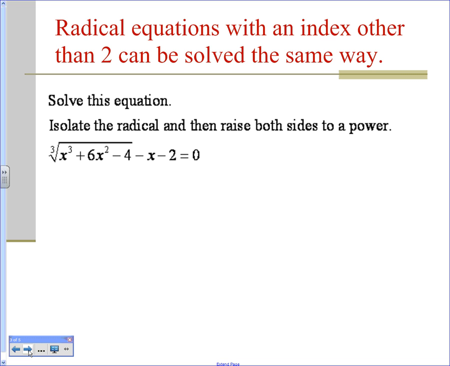We've got more terms. How are we going to isolate the radical? What do we do? Yeah, first you have to move them over, isolate it, and then you're asking about the next part.